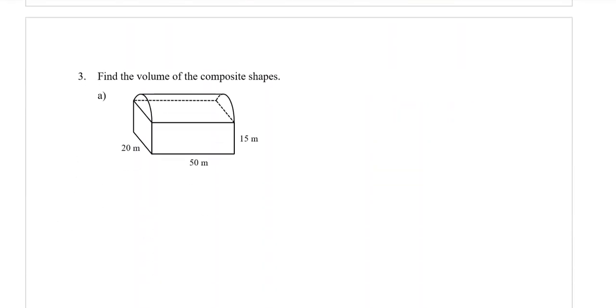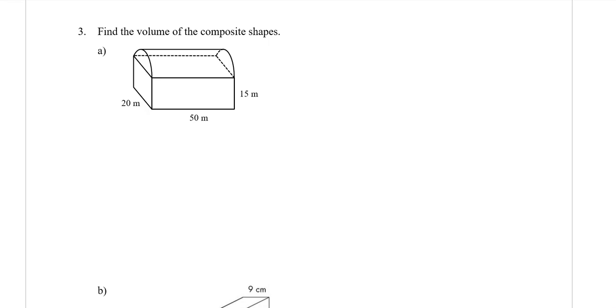Next page, question 3. Find the volume of the composite shape. So in this composite shape, remember composite means multiple shapes put together, we are going to have shape number 1 being the rectangular prism on the bottom, and shape number 2 is going to be the half of a cylinder that is sitting on top of that.